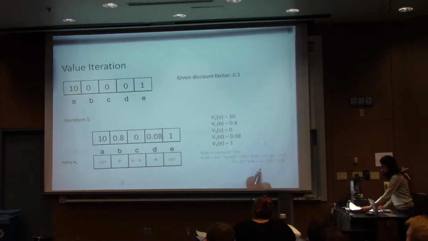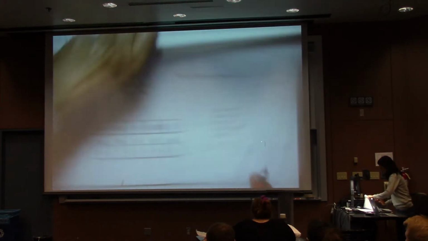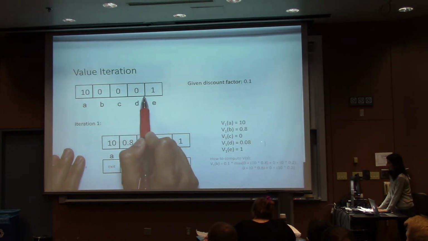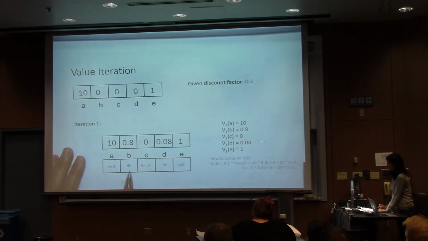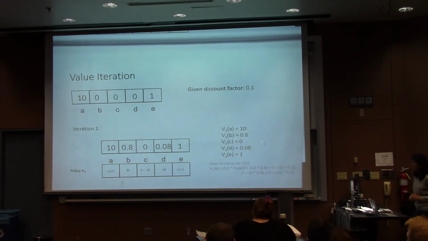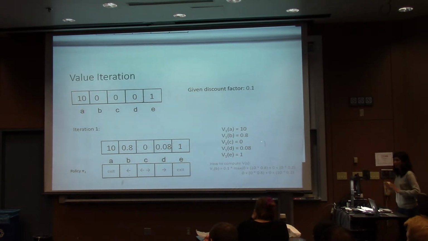Now we take the values we got from the previous iteration and move on to the next iteration with respect to that. Here I have given a computation for one of these possible things. The other computations are similar, so I have not mentioned them again and again.